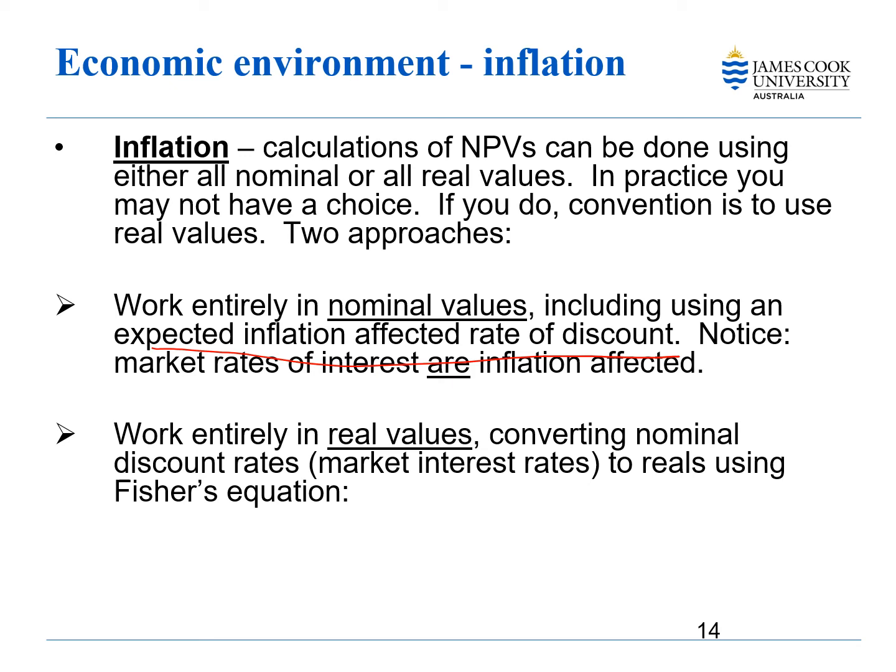Or we can work entirely in real values. So now we want to convert the nominal discount rate to the real discount rate by using what we call Fisher's equation.